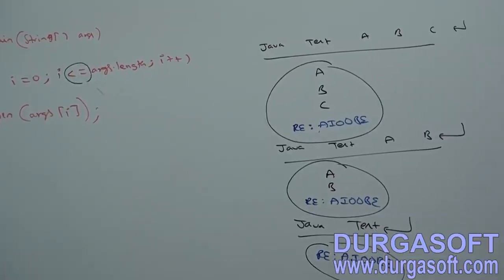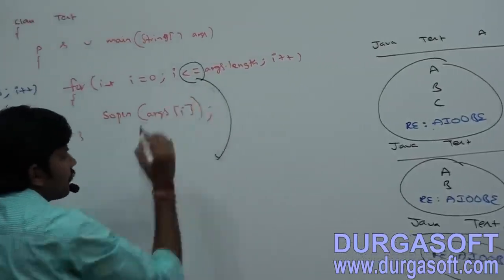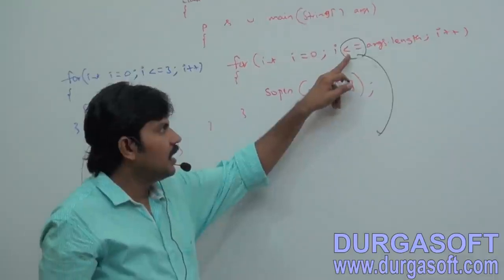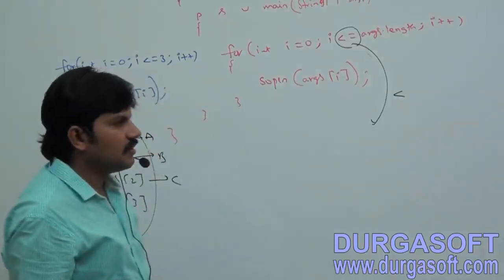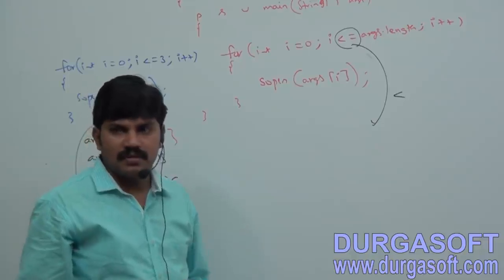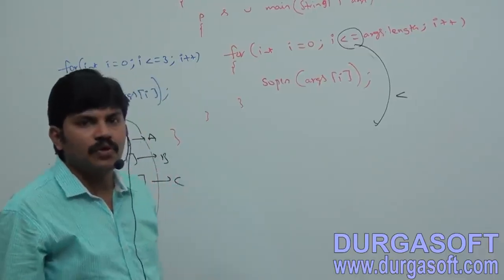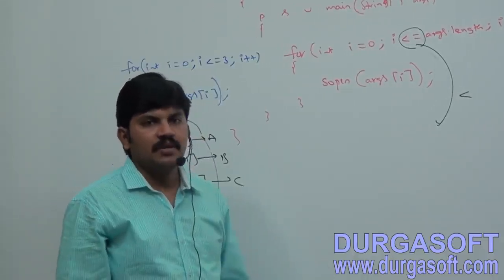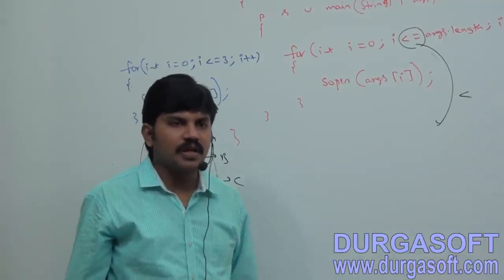Completed. Next one, here see. Just add this comment also. If we replace less than or equal to with less than, then we won't get any runtime exception.